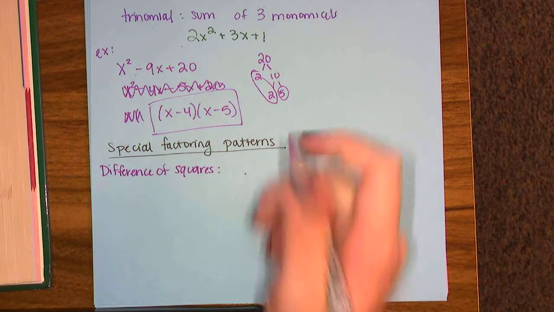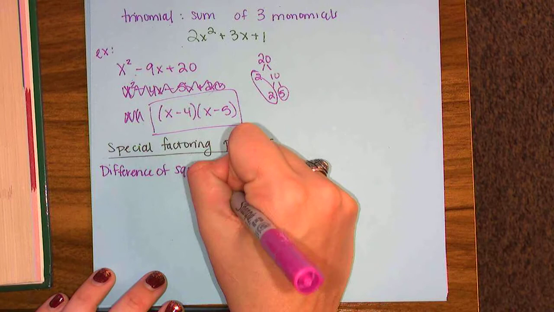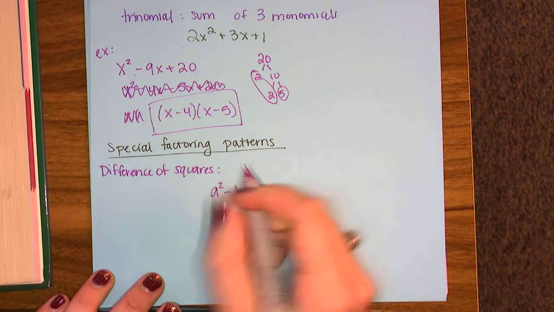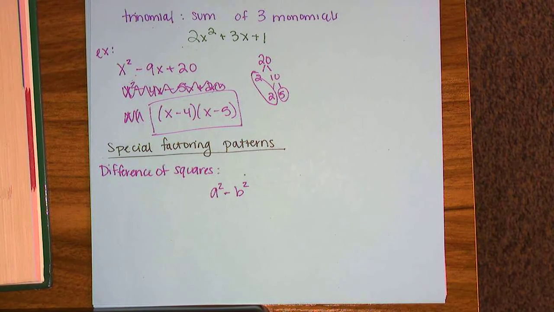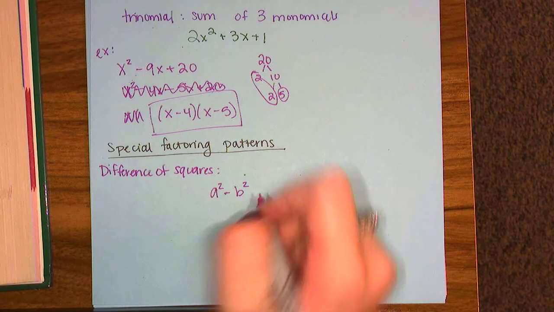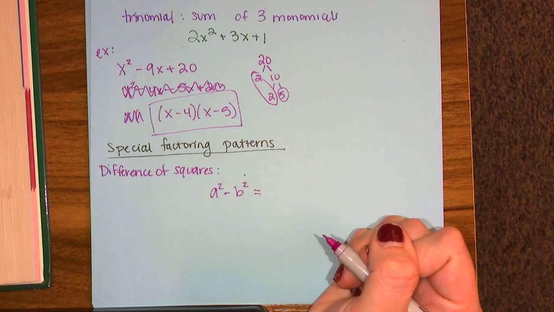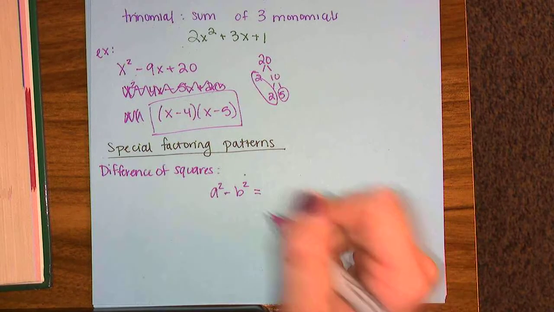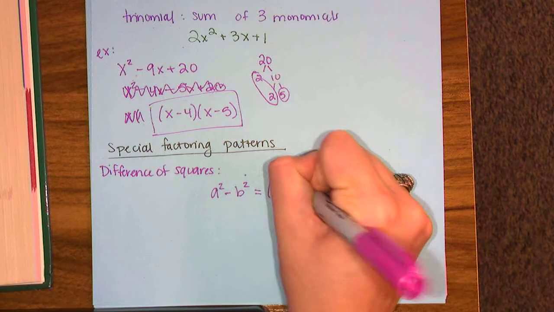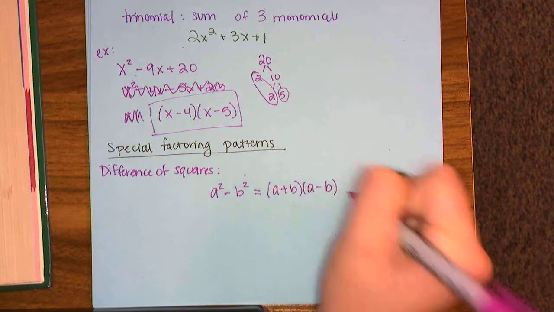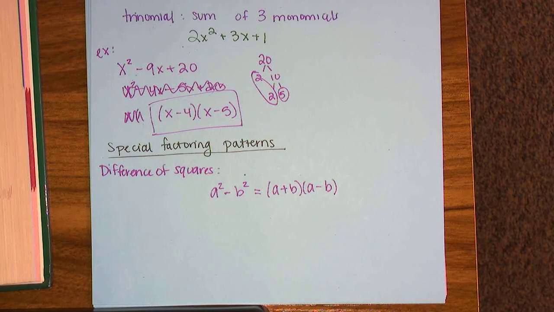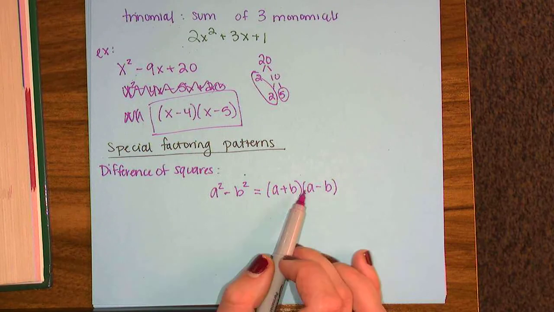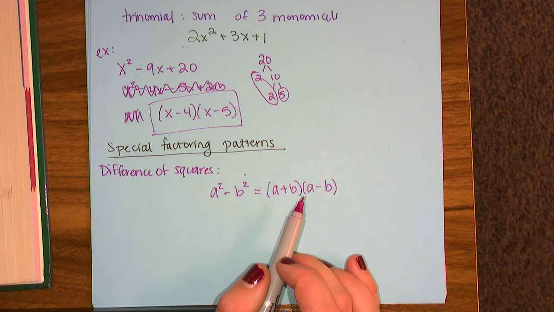You basically start with something that is a squared minus b squared. And there has to be a minus sign here. This doesn't work otherwise. So a squared minus b squared basically factors into a plus b, a minus b. Now, I could actually prove to you that that is true, but just know that that is what you need to be able to get from point A to point B. No pun intended.